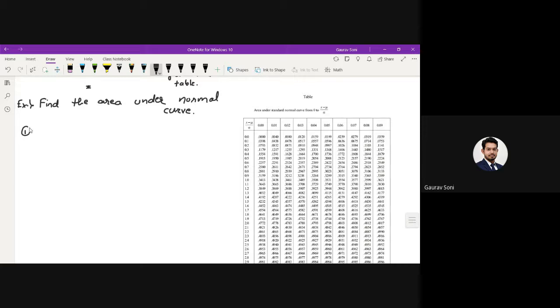First one, z is equal to 0 and z is equal to 1.2. Draw the diagram.